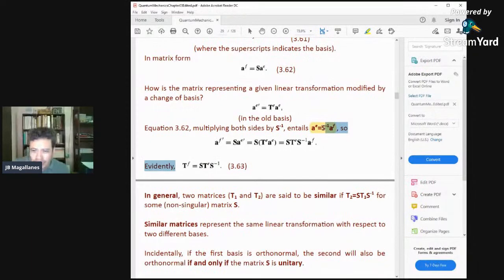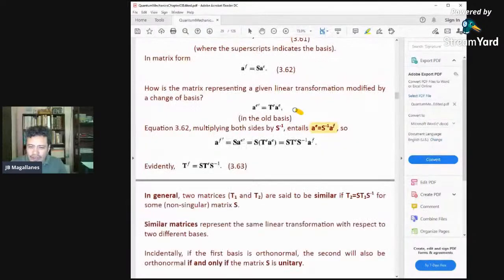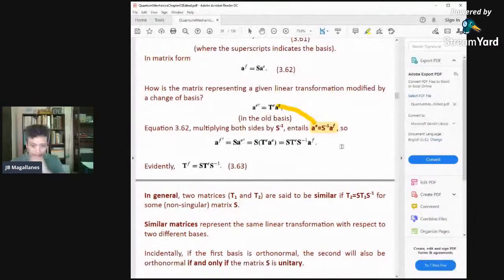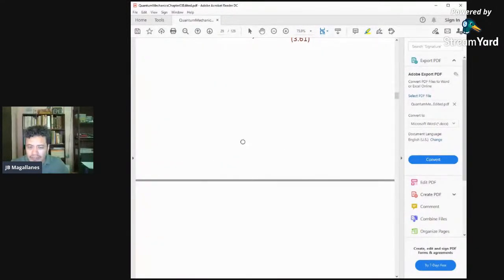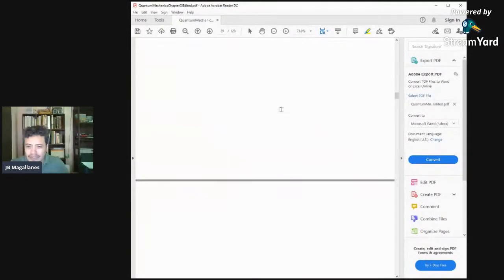And if you put this to here, you will have TE S inverse.